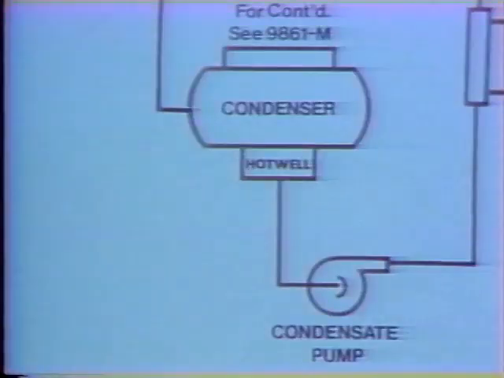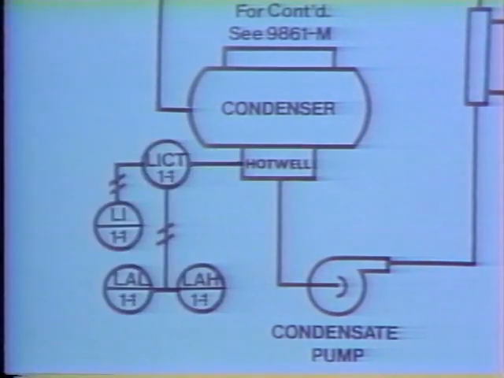We'll talk more about this system in a moment, but first, let's see what instrumentation a typical condensate system needs in order to work. We know that water level in the condenser hot well is an important consideration. Too high a level could cause turbine damage. Too low a level could cause a problem with the condensate pump suction.